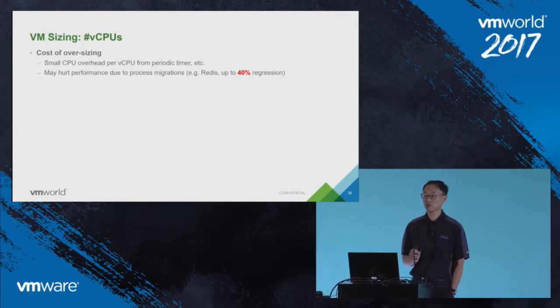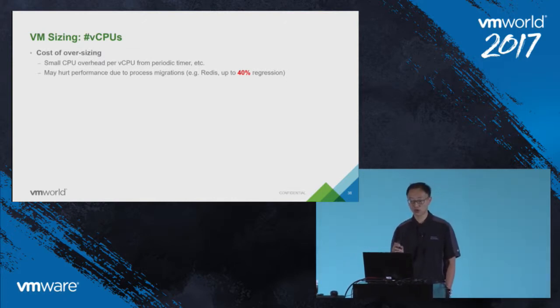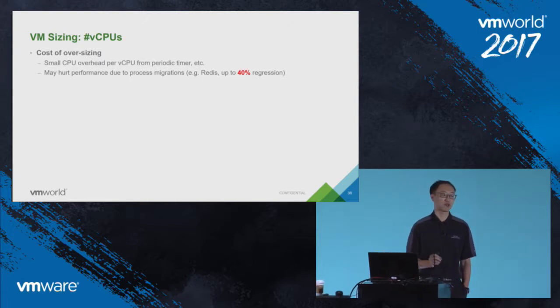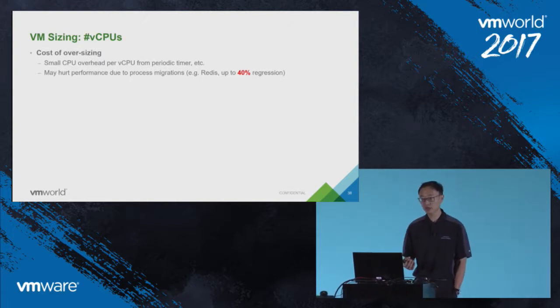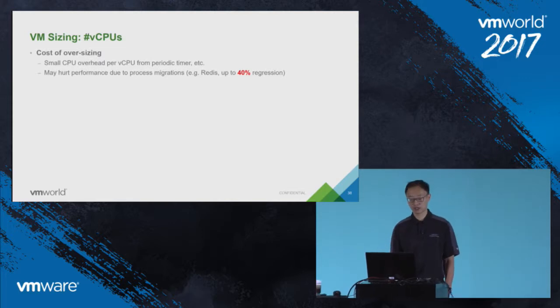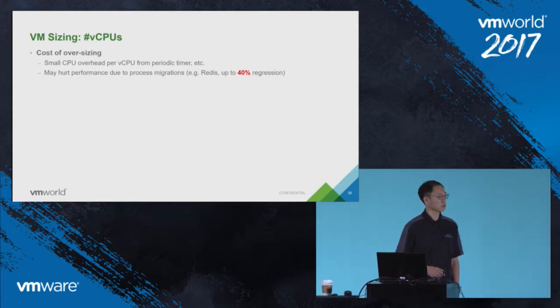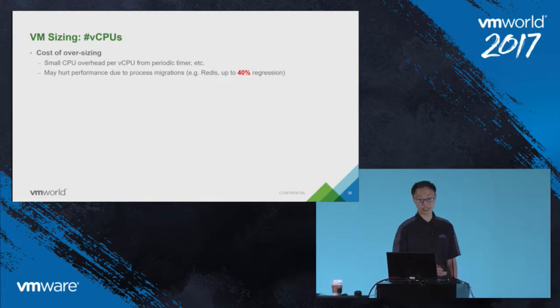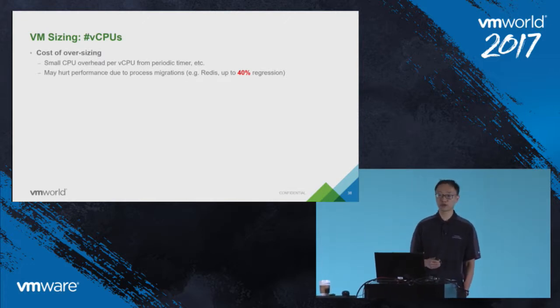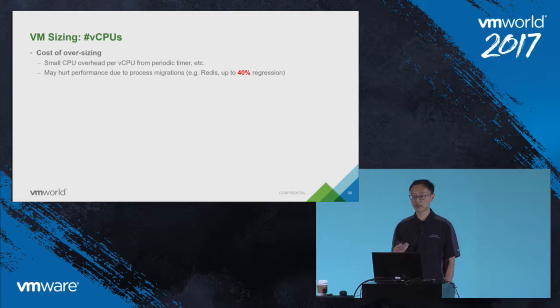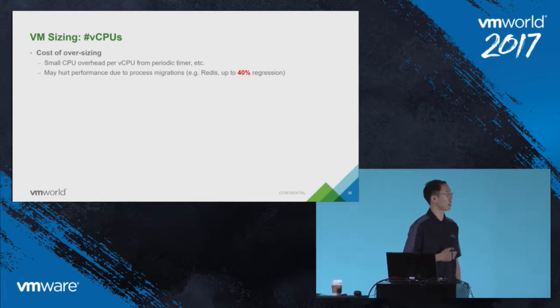Because each vCPU is associated with a small overhead, which might come from periodic timers or guest kernel contexts. This is less visible these days with newer OS versions, but in the old Linux world, before 2.4, we had ticks every 10 milliseconds, which is pretty bad.